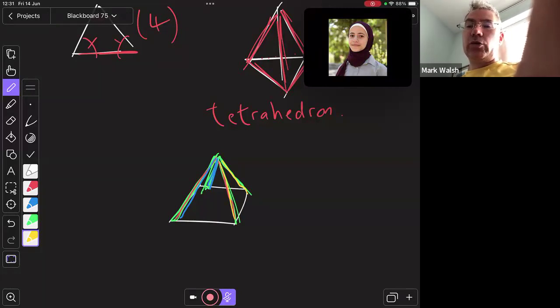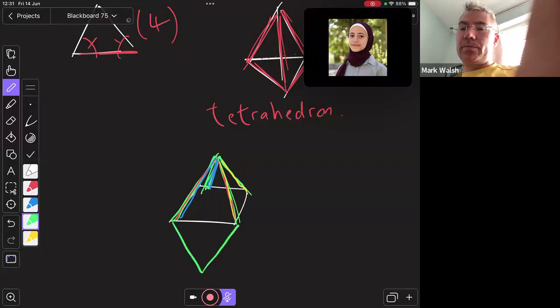But what if I take 2 of them? If I take another one underneath and stick it on the bottom, like that. Okay, so now I have a vertex here, a vertex here, a vertex here, a vertex here, a vertex there, and a vertex there.